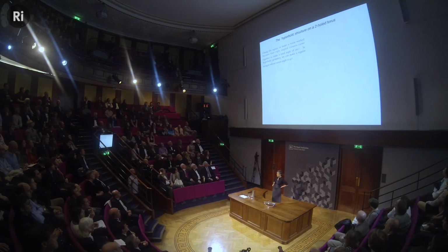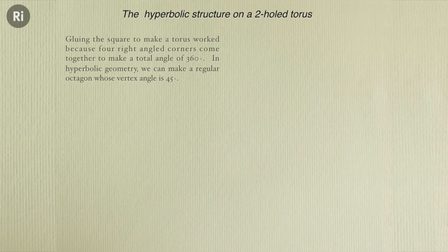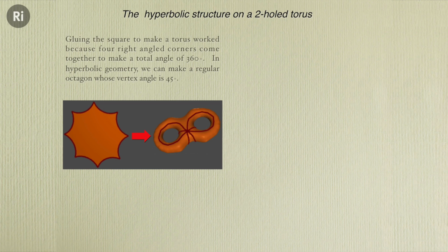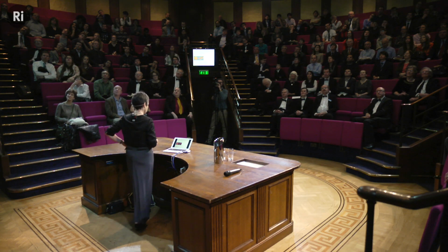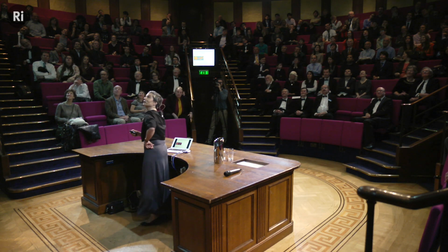Well, what happens if I now go to a surface which has got 2 holes, genus 2? So here is a picture. If you were to glue the opposite sides of this thing together, you can go home and puzzle about this for a long time.